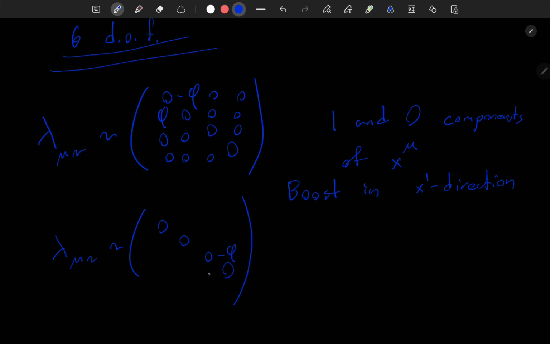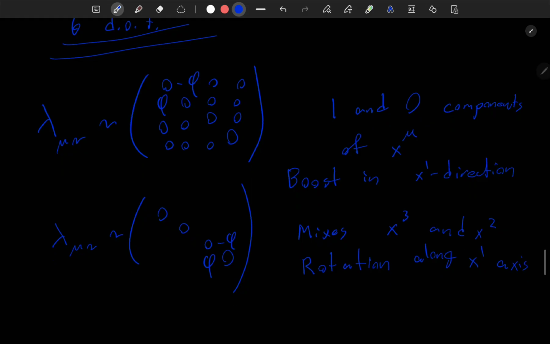Those two components, well, that mixes x3 and x2, so it's a rotation along the x1 axis. And you can find the remaining 2 rotations and remaining 2 boosts with the same kind of reasoning.